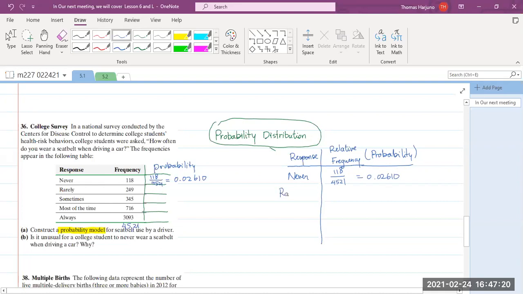Rarely. That's 249 over 4521. I get 0.05508. Sometimes, that's 345 over 4521.